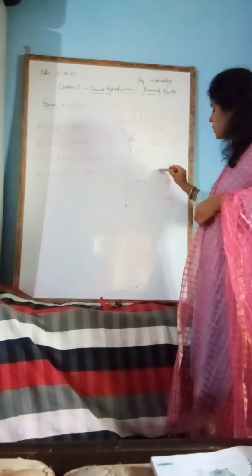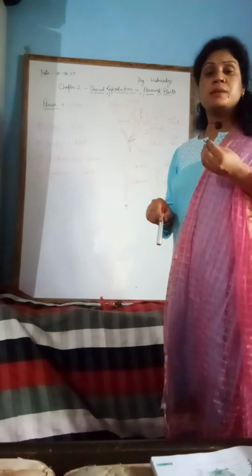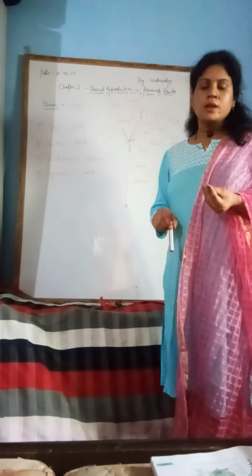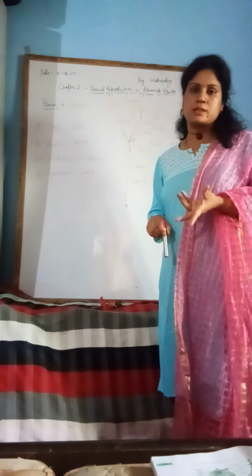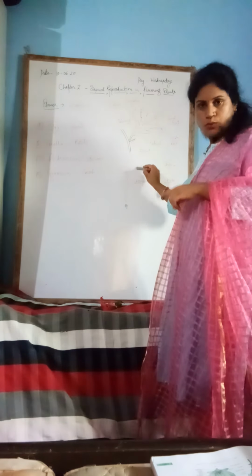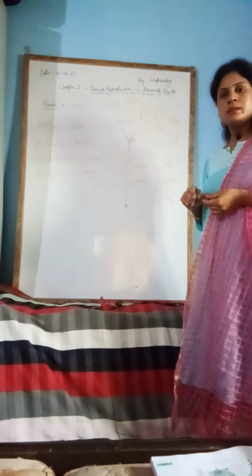Stigma is a broad area and it has some sticky substances which help in the pollination process. When the pollen grains are matured and burst out from the anther, they come into contact with the stigma.